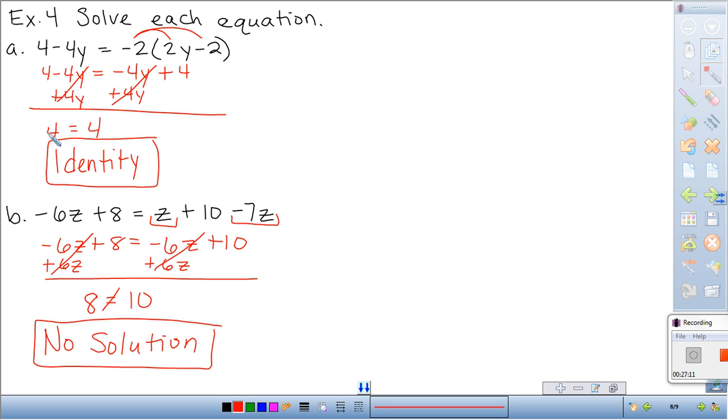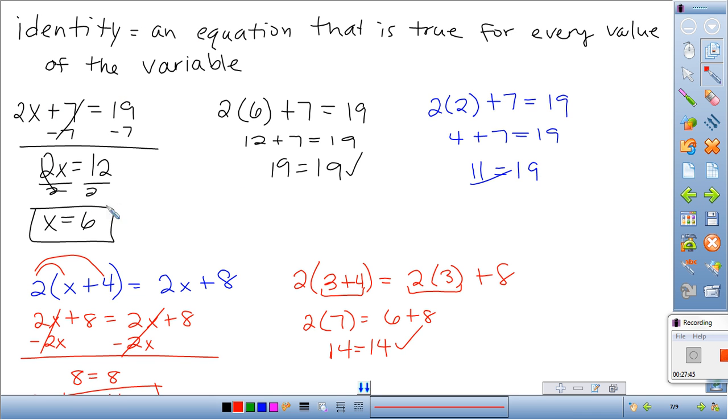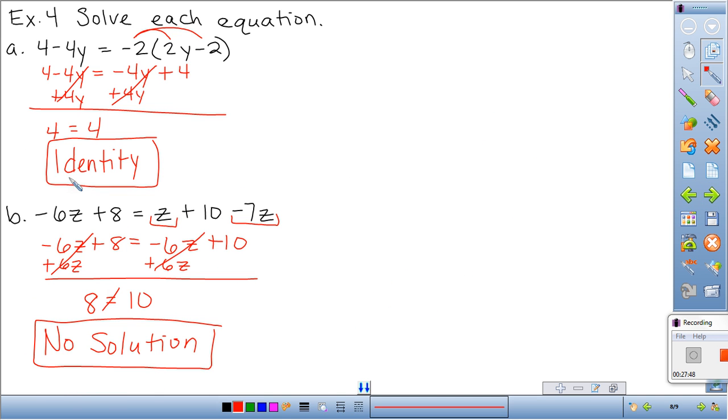You just end up with a number equals itself. That's an identity. But when you end up with a number equals a different number, that tells you that there is no number that could satisfy the equation. There's no number that would make the left side equal the right side. So that answer is no solution. Again, we have 3 different types of answers. A single number by itself, identity, or no solution.